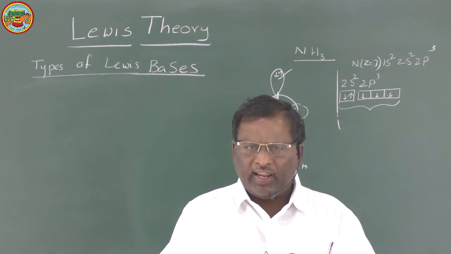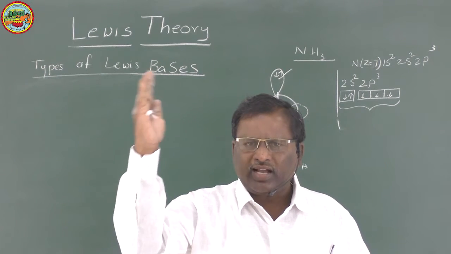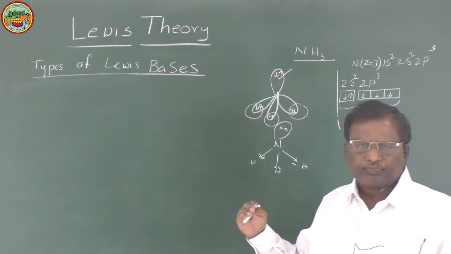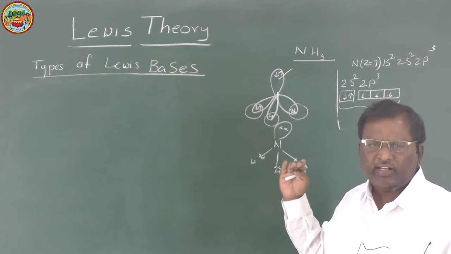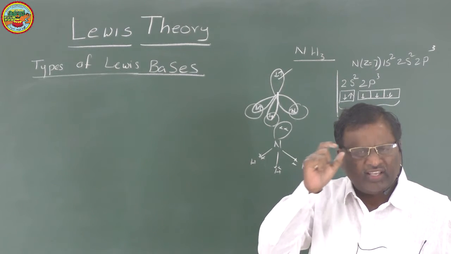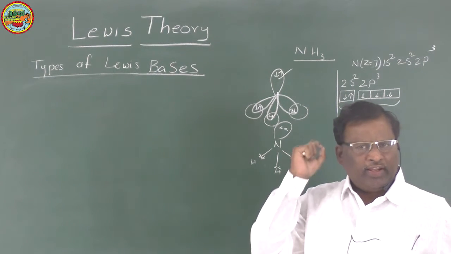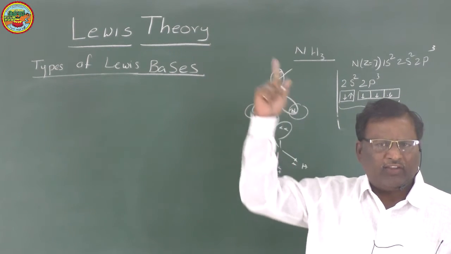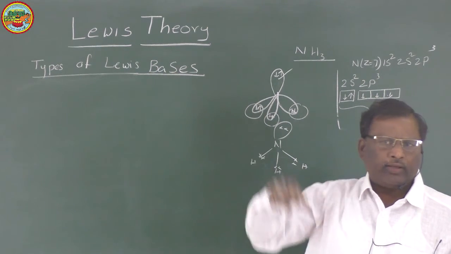I cannot donate unless the other person is there to accept. Here also, in the valence shell of nitrogen of the NH3 molecule, one pair of electrons is there. Now the NH3 molecule is trying to donate it, provided another species is there to take it.